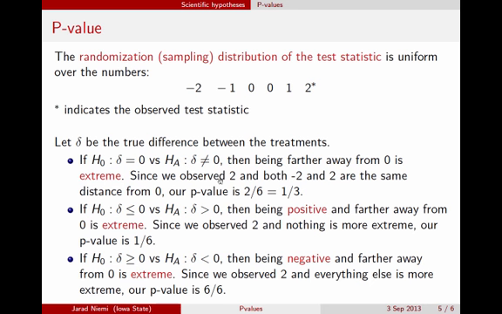In these two scenarios, this is as extreme as we could have possibly gotten, 1/6. So how much weight does that say about our null hypothesis? It's hard to say. It basically says we should probably get a larger study, because 1/6 isn't a very small p-value.